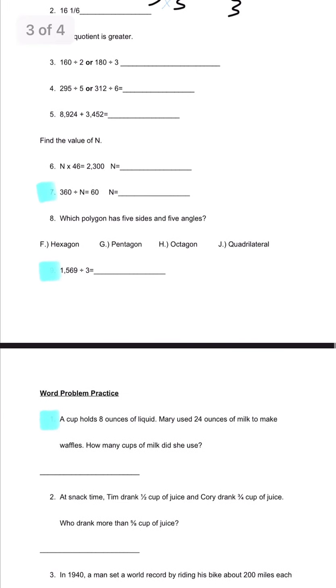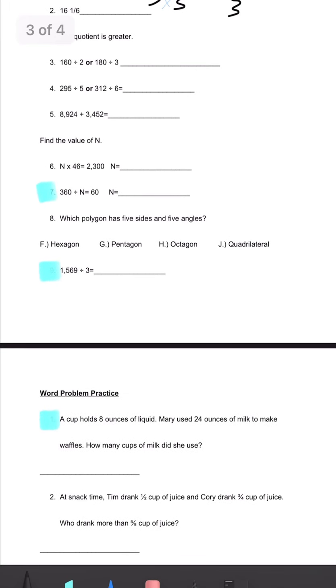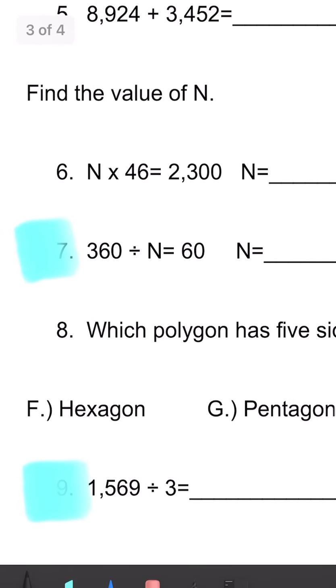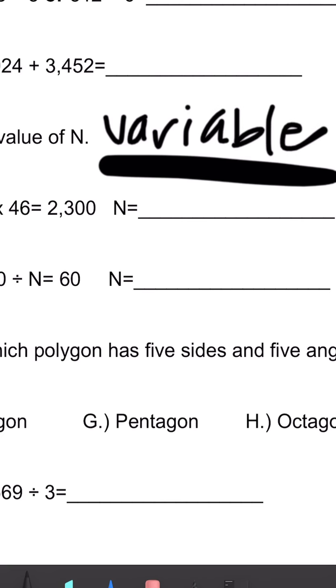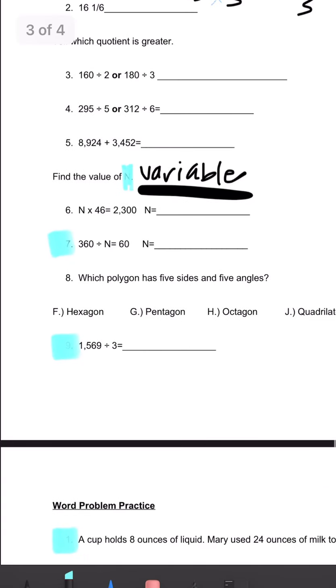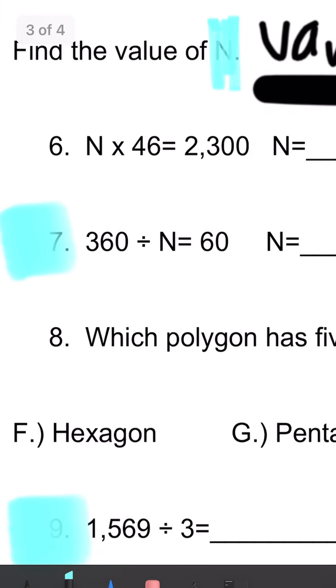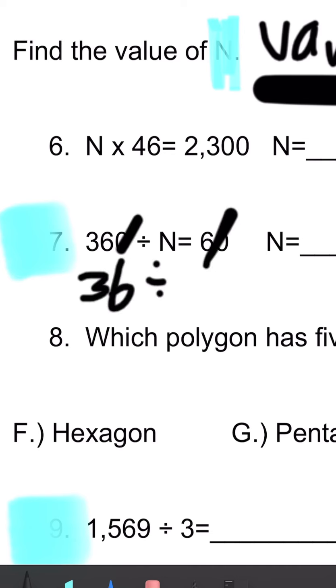And number 7, it says find the value of n. So n is called a variable. For number 7, you can just knock off the zeros. So we have 36 divided by n equals 6.